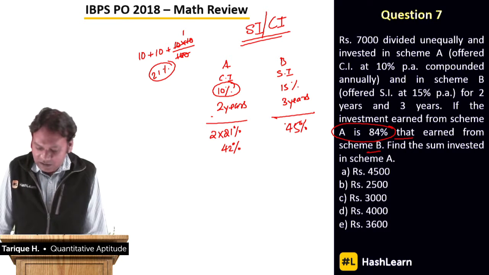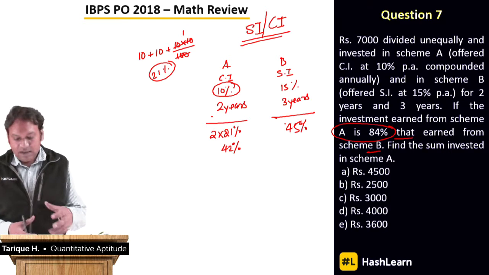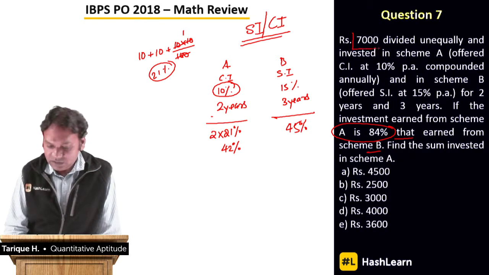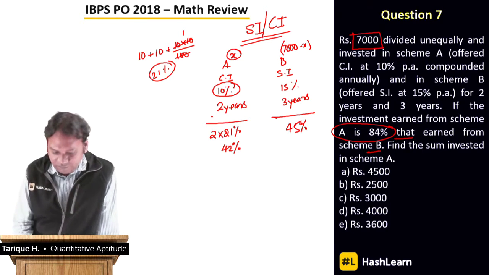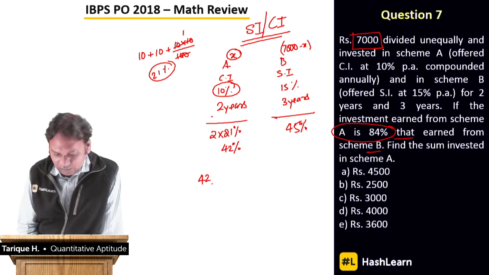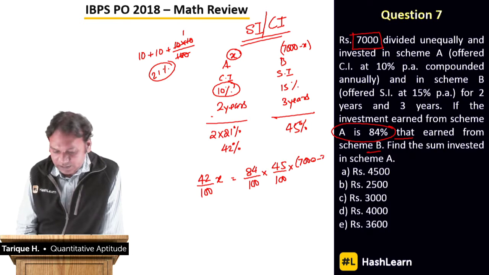Now the interest earned from scheme A is 84% of that from scheme B, and the total amount is 7,000. So if I say that A is X and B is 7,000 minus X, we can say 42% of X is equal to 84% of 45% of 7,000 minus X. Directly I get the equation here now.